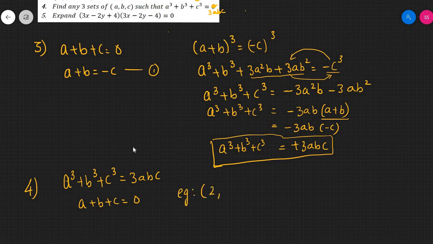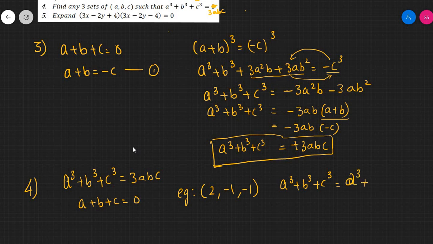So let's take some values of a, b, and c. Let it be 2, minus 1, and minus 1, and that'll be 0. So a cube plus b cube plus c cube would be, not 10, a cube would be 8.